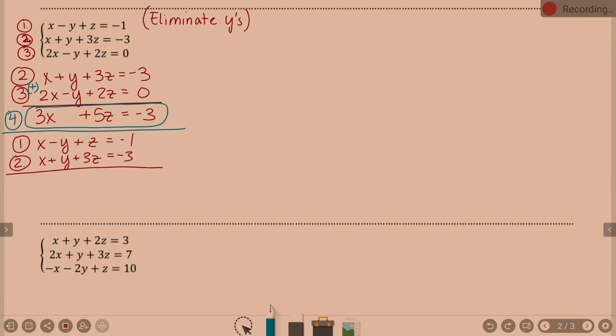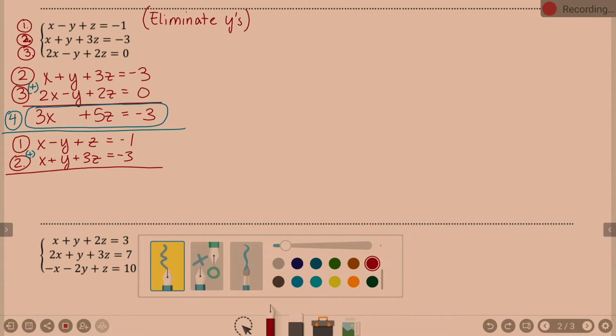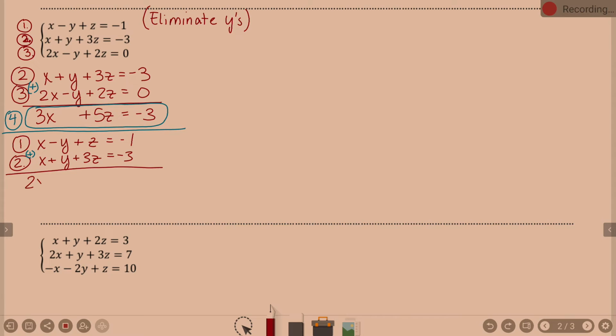Yep. X plus X, minus Y plus Y cancel. Z plus 3Z is 4z, so plus 4Z equals negative 1 plus negative 3, which is negative 4. And I'm going to call this equation 5.